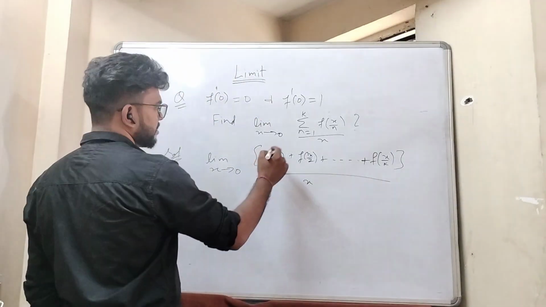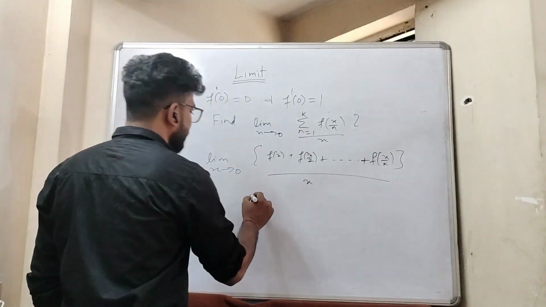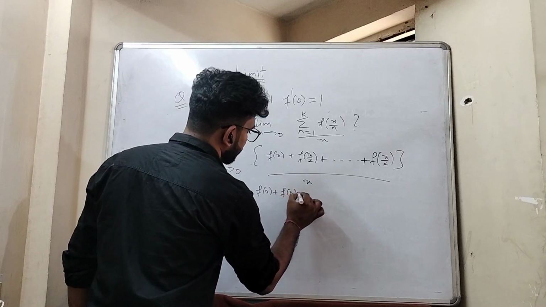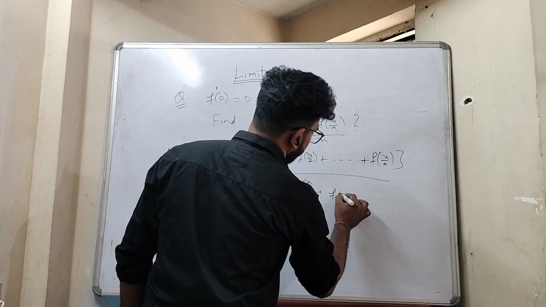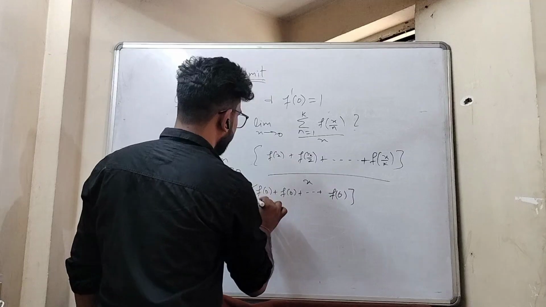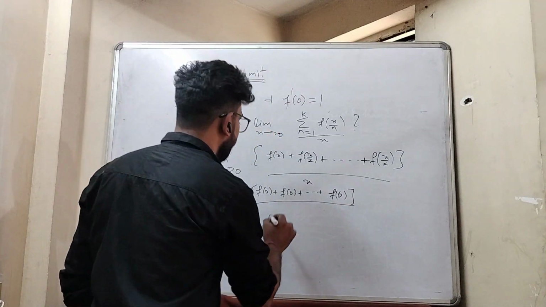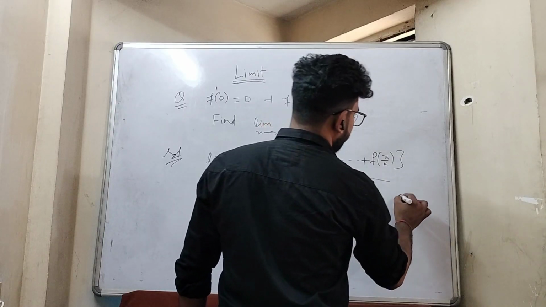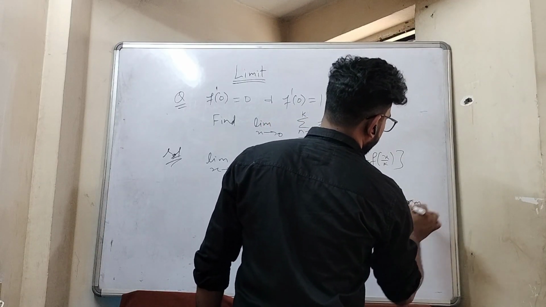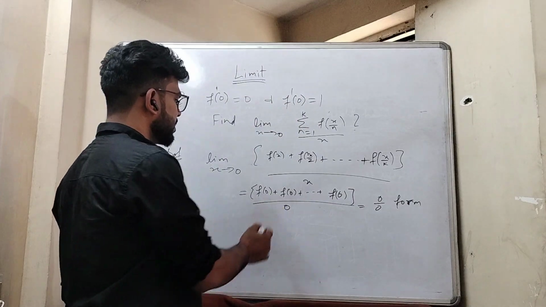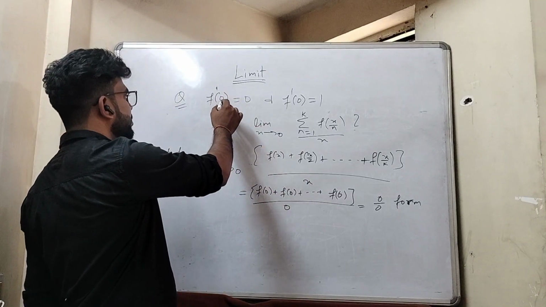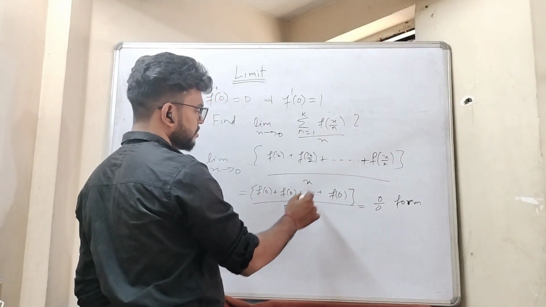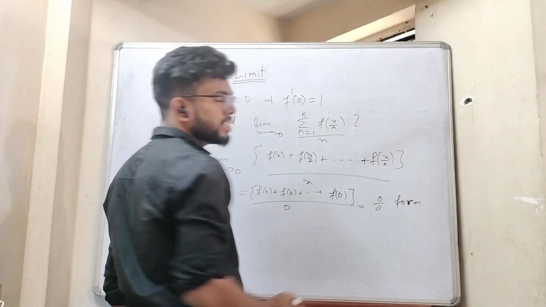Now when you apply the substitution method, you get f of 0 plus f of 0 and so on in the numerator, while in the denominator you get 0, which is the 0 by 0 form. You can see clearly that because the value at x equal to 0 is 0, all these are equal to 0, so the numerator is 0 and the denominator is also 0.